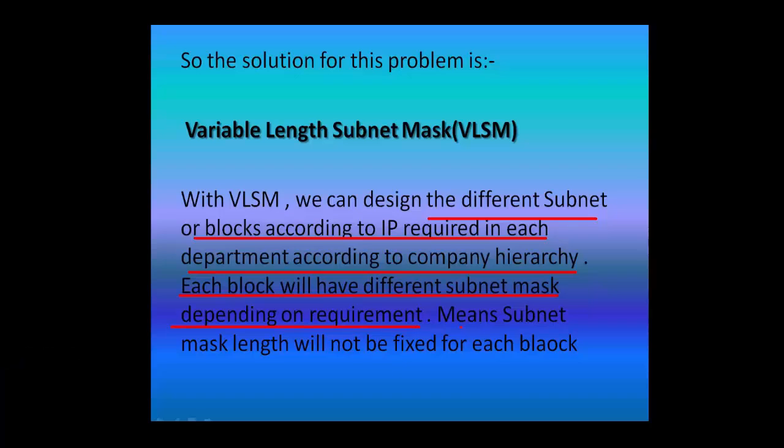It means the subnet mask length will not be fixed for each block. In FLSM, the subnet mask length was fixed; that's why it has a fixed IP count for each block. In VLSM, we do the opposite of that. We calculate the subnet mask according to the hosts required.